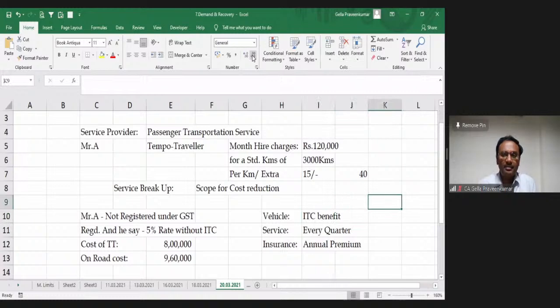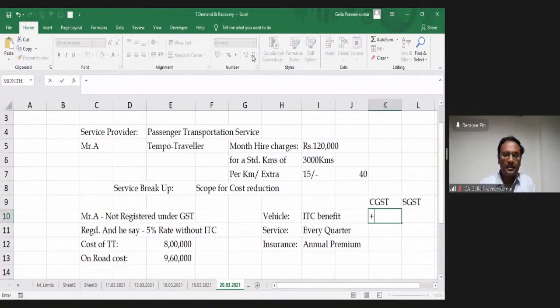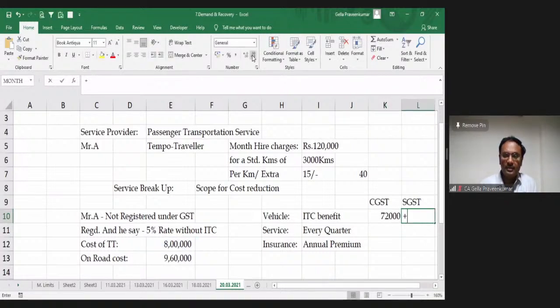Now, if you see my vehicle cost, CGST and SGST, when I buy a new vehicle, assuming 8 lakhs is the cost, on that if I'm loading 18%, that is 9% each, my CGST and SGST is 72,000. Next, every quarter there is a service which is done.